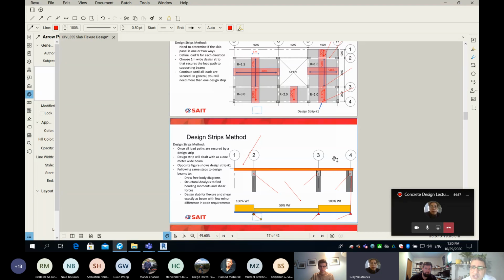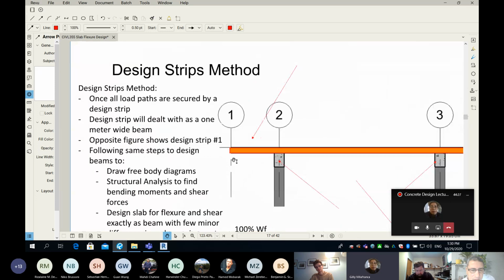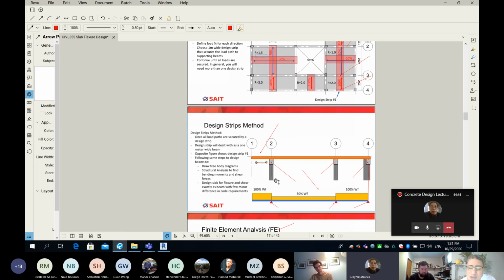You can see the cantilever is a one-way slab. No choice, because there's no other way for the load to go. It cannot go to the edge of the cantilever because there is no support in here. The load cannot go this way, because simply there is no beam in here. There is only one way, which is the opposite. The load 100% will go in this direction here. And that's why the cantilever is always a one-way slab. So 100% of the load will have to be carried by this beam.